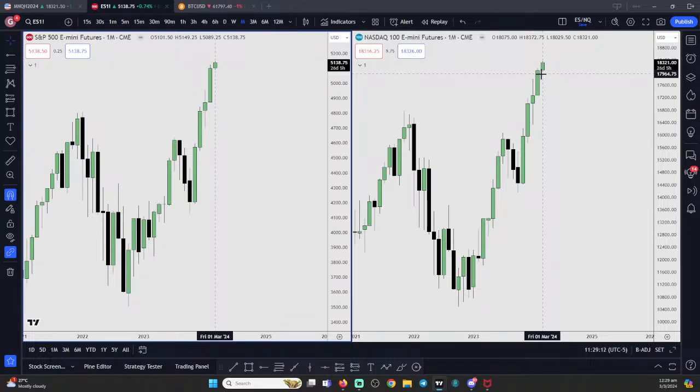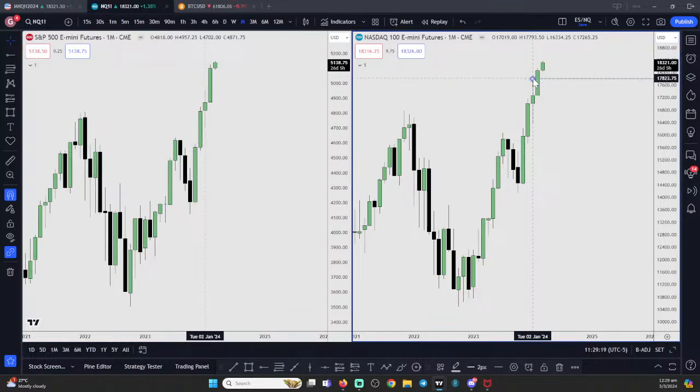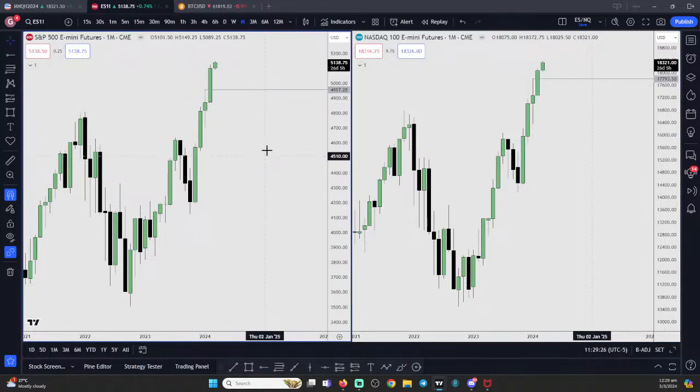We're probably going to consolidate, and the low-hanging fruit that I would maybe anticipate is that it's going to cover this range here, this high here for NQ, and this high here for ES. Right, so just like inefficiencies, I think it can wick lower into this high here to cover up the current gap that we have.